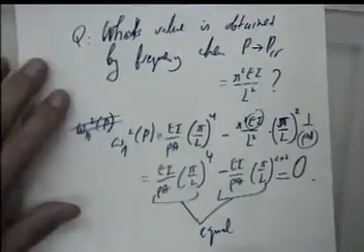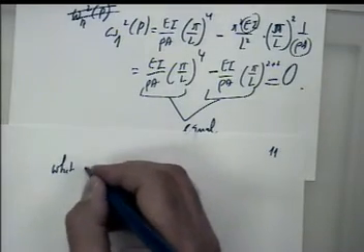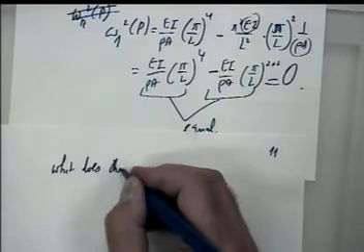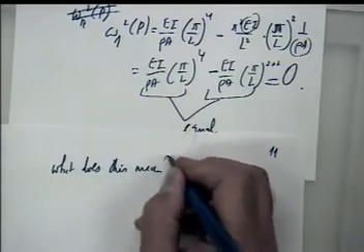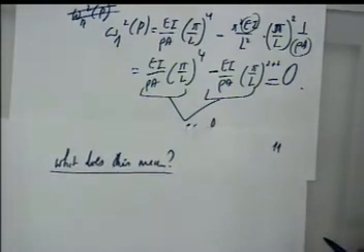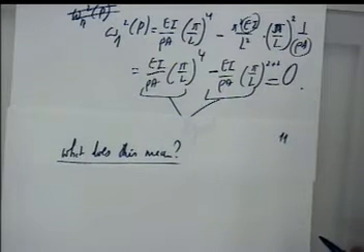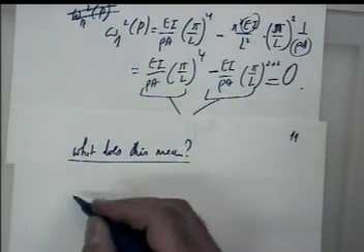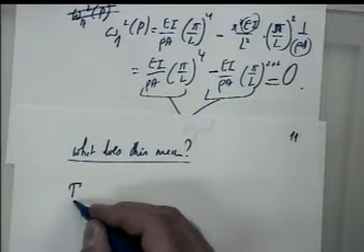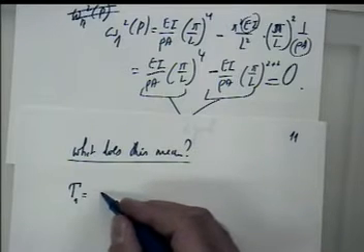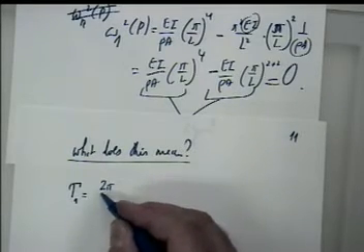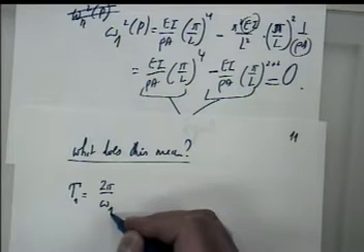What does that mean? This means as follows. How much is a period of vibration? Period of vibration is 2 pi divided by omega 1.